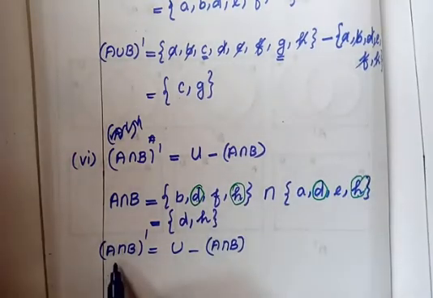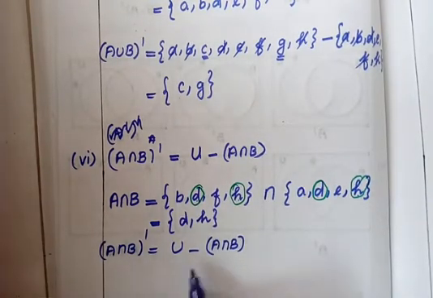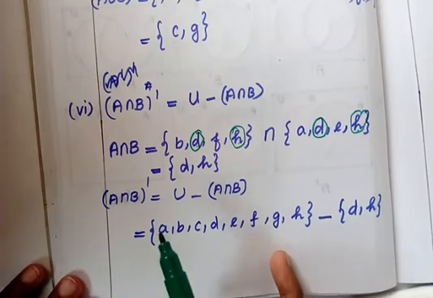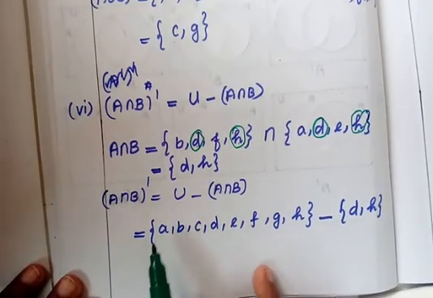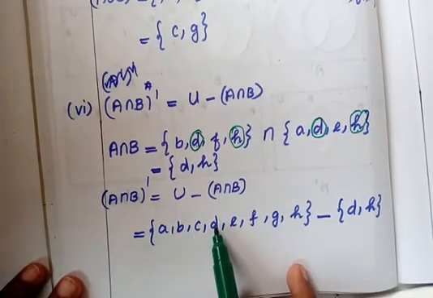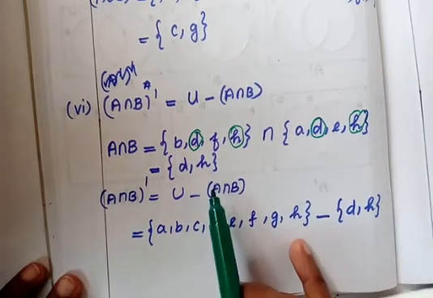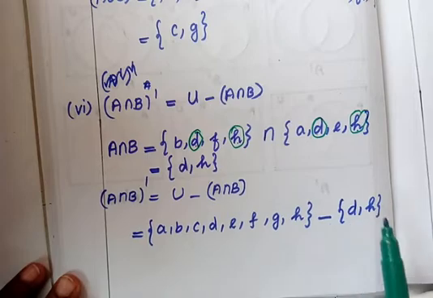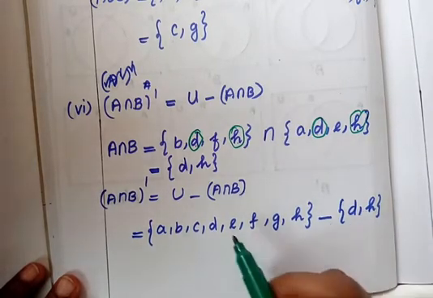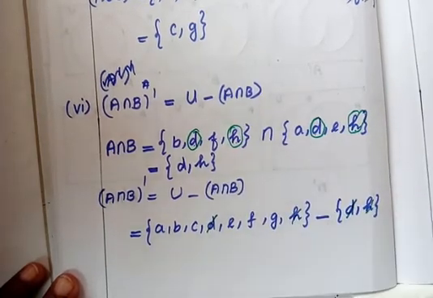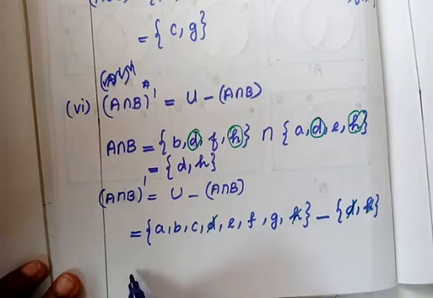Next we have to find out A intersection B the whole dash equal to U minus A intersection B. So universal set U equal to A, B, C, D, E, F, G, H minus A intersection B, which is D comma H. So we can cancel the common elements D and H. So what are the remaining elements?